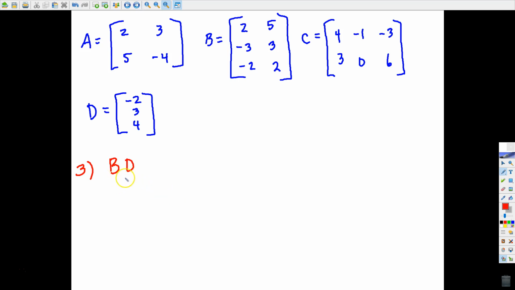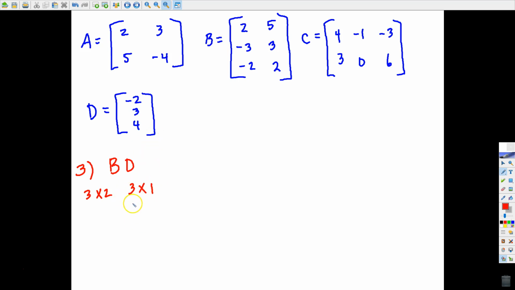For number 3, we're multiplying 2 matrices together, and before we can tell if that's even possible, we need to list the dimensions of each matrix. So letter B is a 3 by 2 matrix. Letter D is a 3 row, 1 column matrix, 3 by 1.